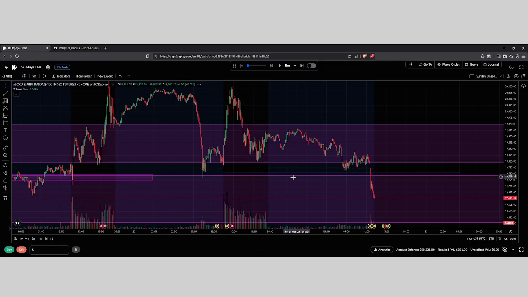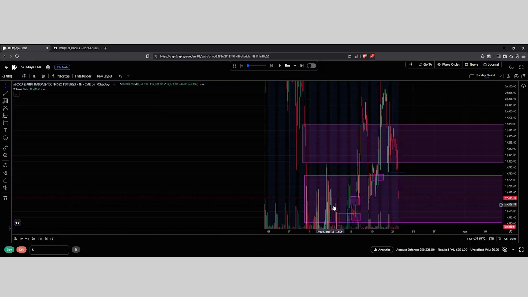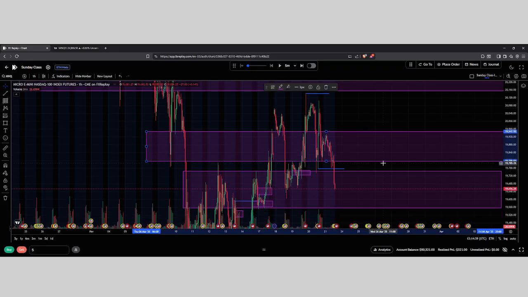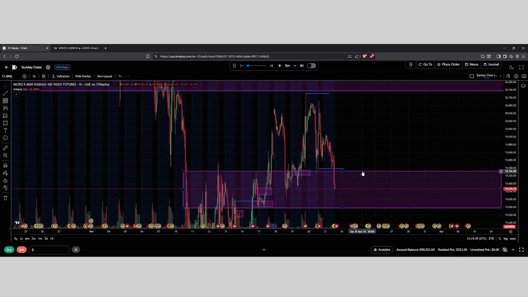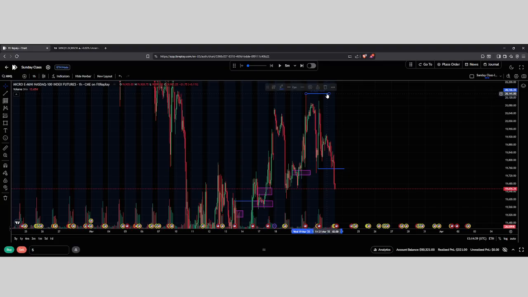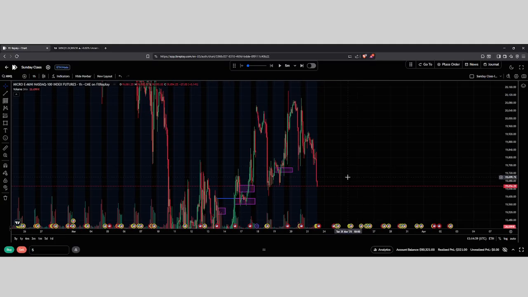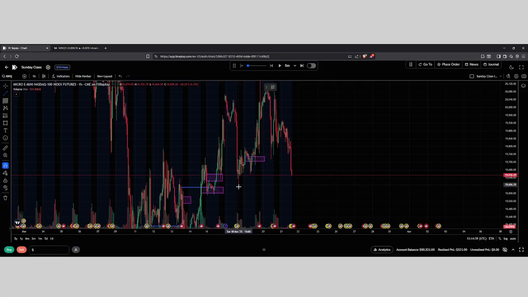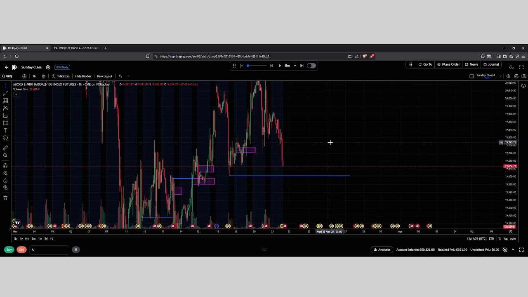There she goes. We go back to the 1 hour. So these lows are obviously next. And there, they're already taken.